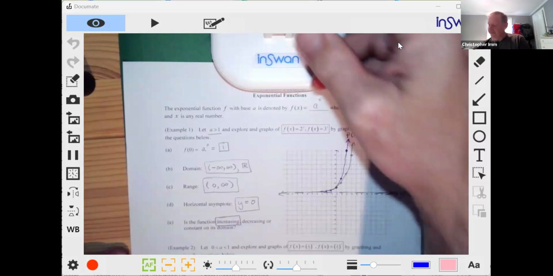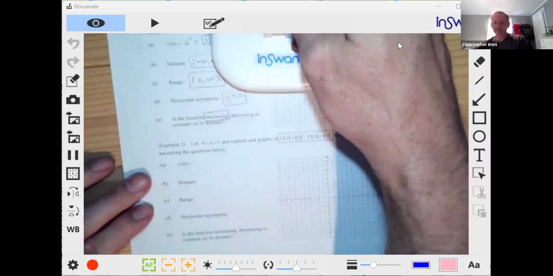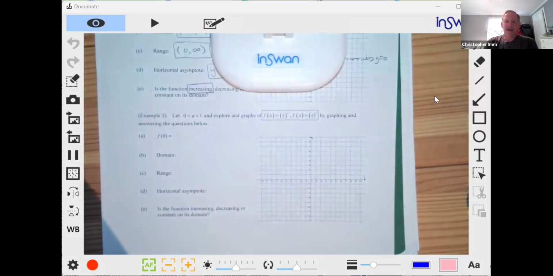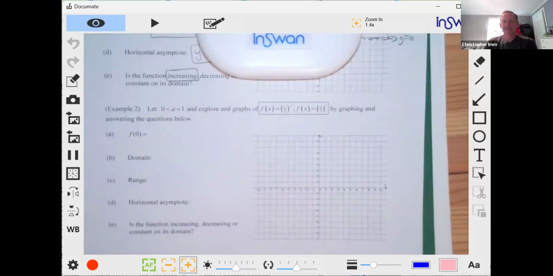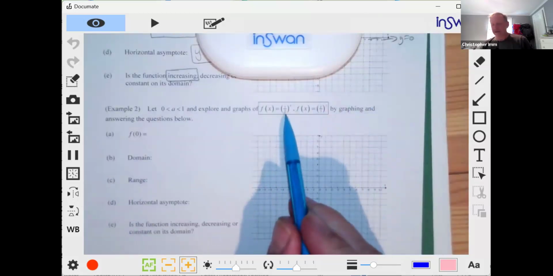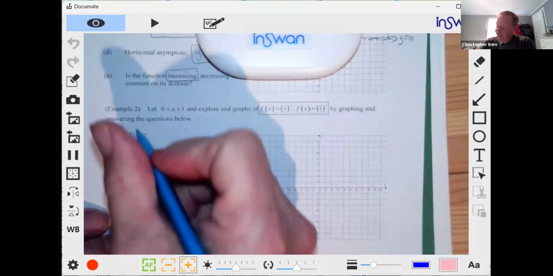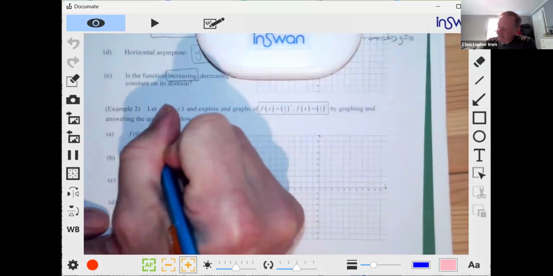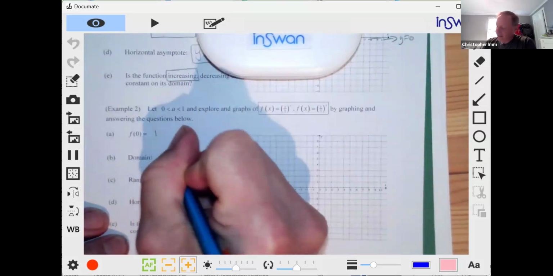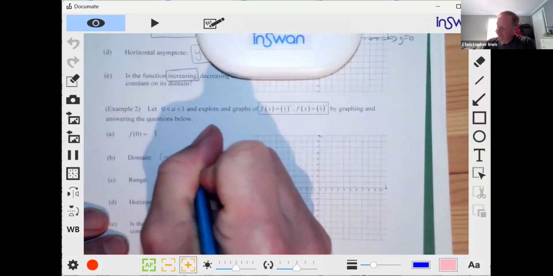What happens if we have bases that are less than 1? Let's take a look. So if our base is less than 1, like 1/2, still, if I plug in 0, I'm going to get 1/2 to the 0, which is 1. The domain is still going to be all real numbers.